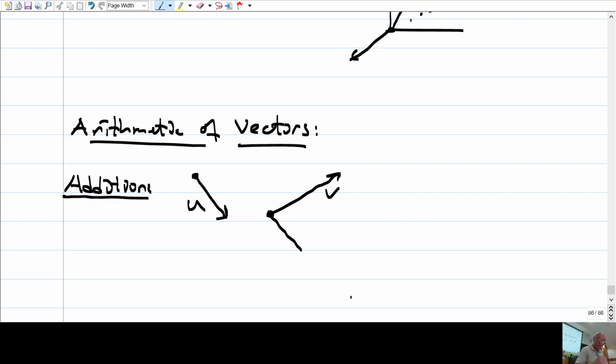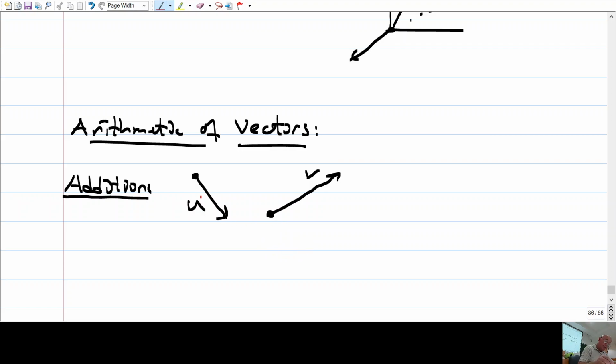So I have this u, and then the sum of these two vectors is defined as follows. You draw parallels to these. So what you do actually, maybe I should say it differently.